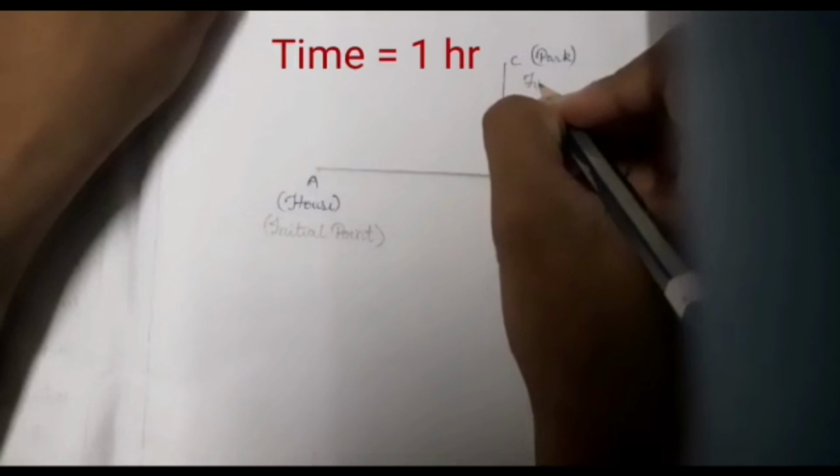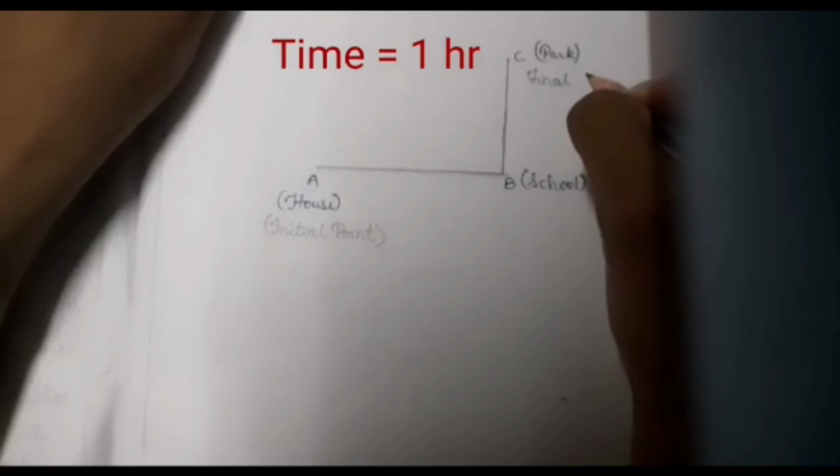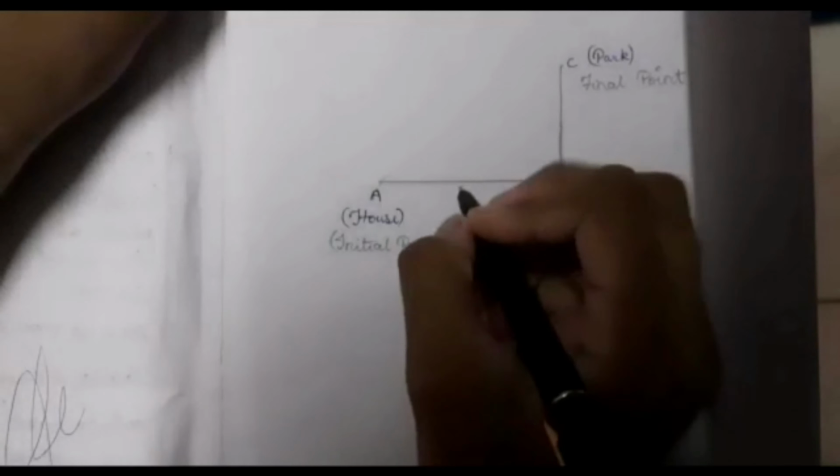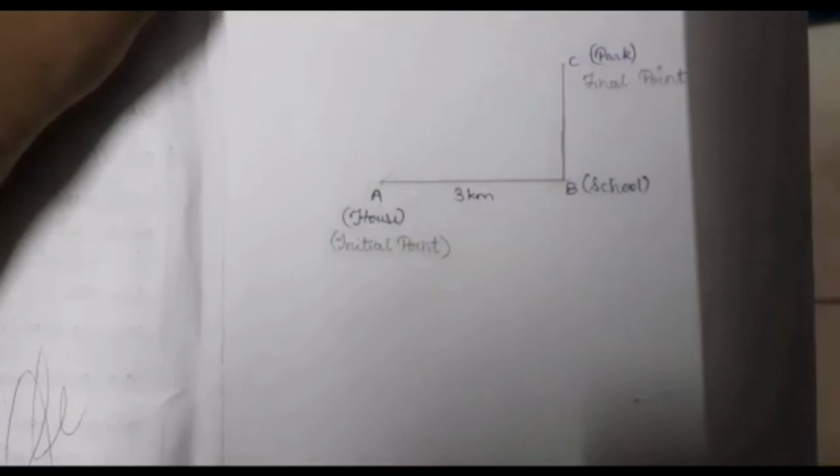To complete this whole journey, it took 1 hour. Point C is considered the final point, as you have ended your journey at point C, and point A is the initial point, as you have started your journey from point A. Now, the distance from point A to point B is 3 kilometers, and the distance from point B to point C is 4 kilometers.